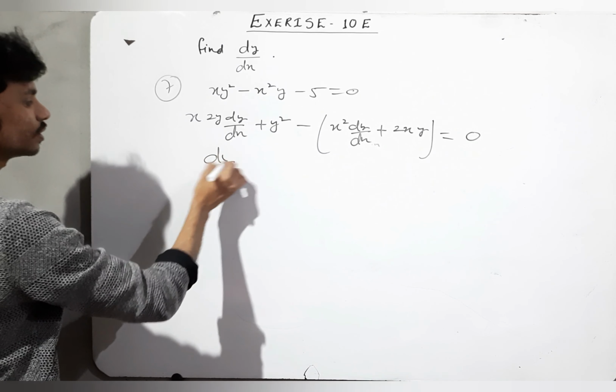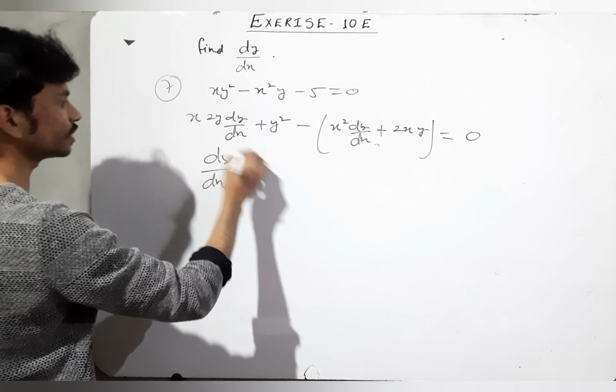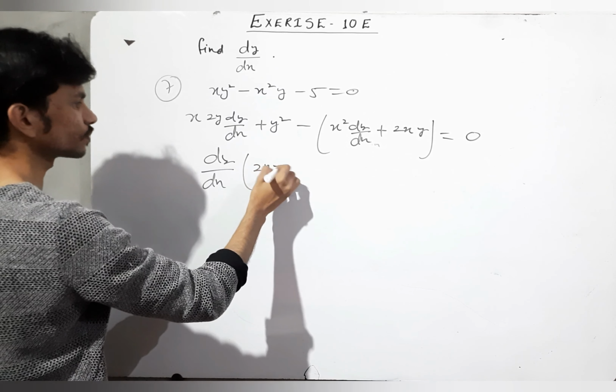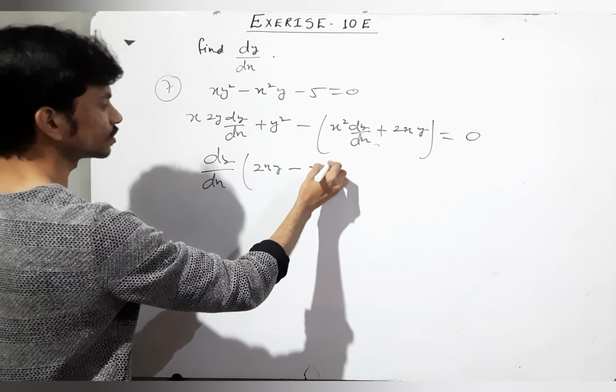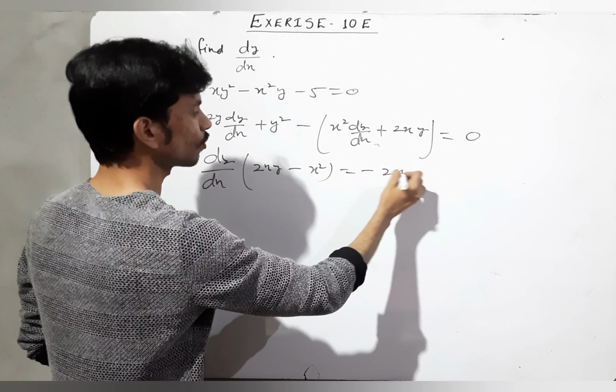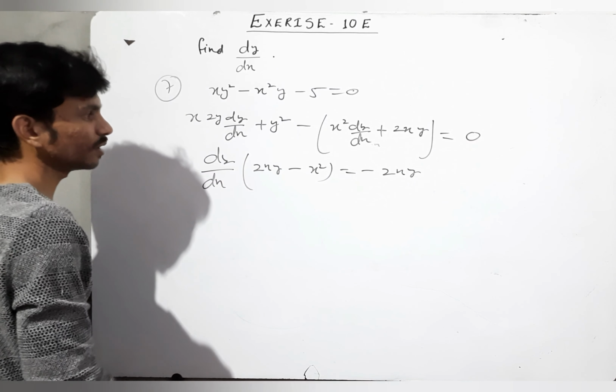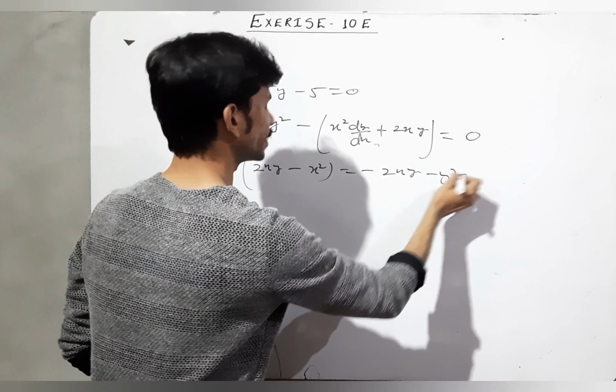After taking common dy over dx, I get 2xy minus x square. Then 2xy will go into the RHS and become negative, and also this minus y square.